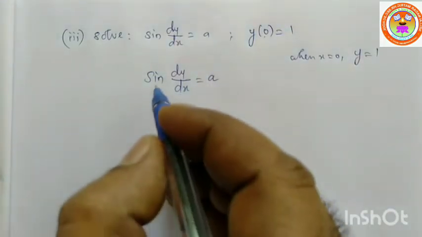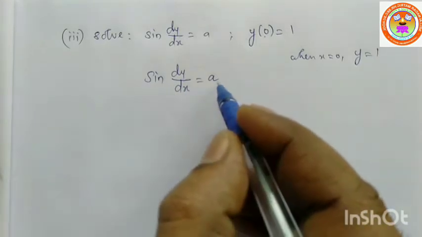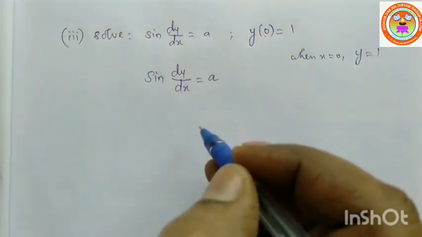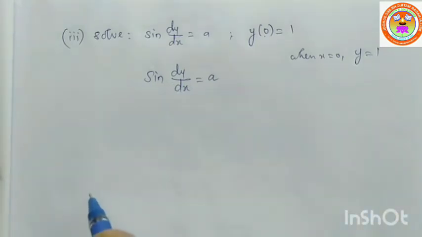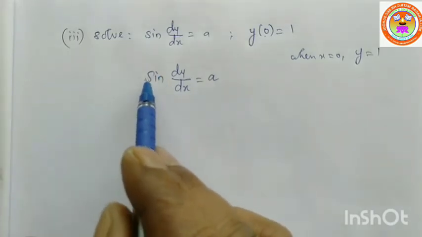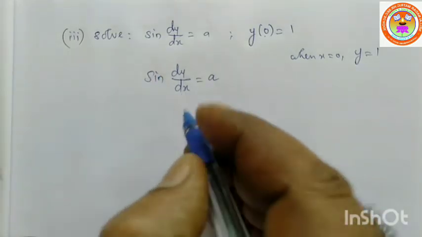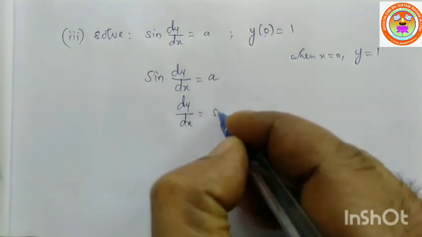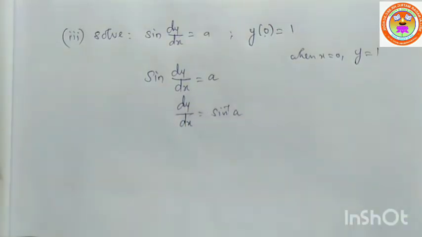Now we are going to take this sine function to the right hand side, by multiplying sine inverse on both sides. When we multiply sine inverse on both sides, sine inverse and sine get cancelled. So we will get dy by dx equal to sine inverse of a.